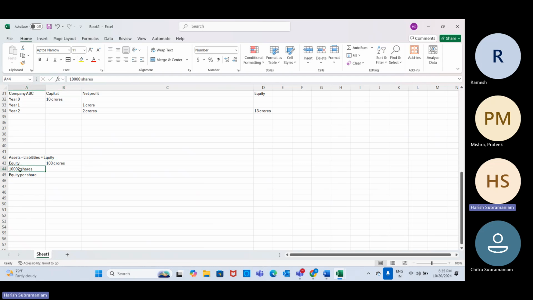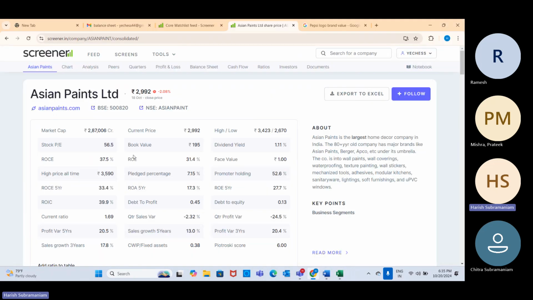And then we have 10,000 shares. So the equity per share is 0.01 crores. That is the equity per share, 100 by 10,000. This equity per share is known as the book value. We see here, this is the book value per share.